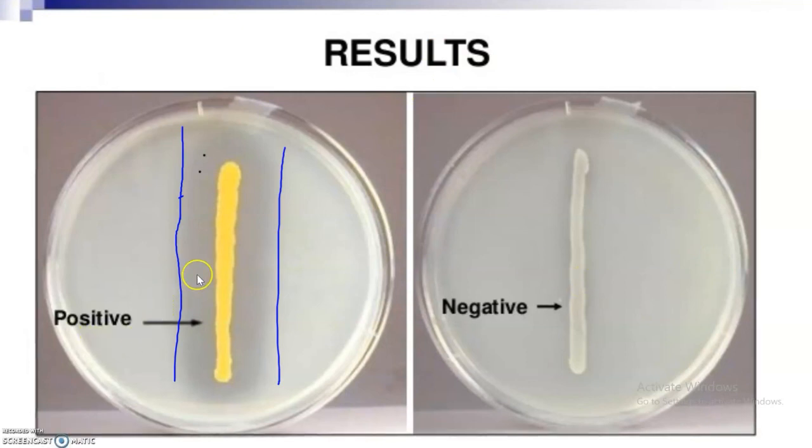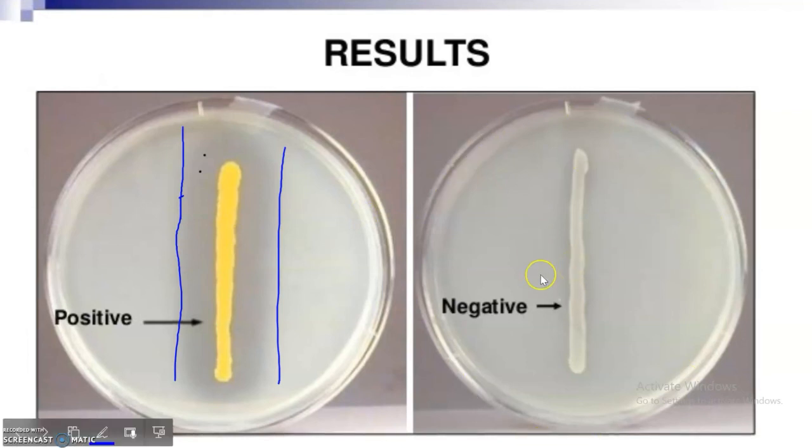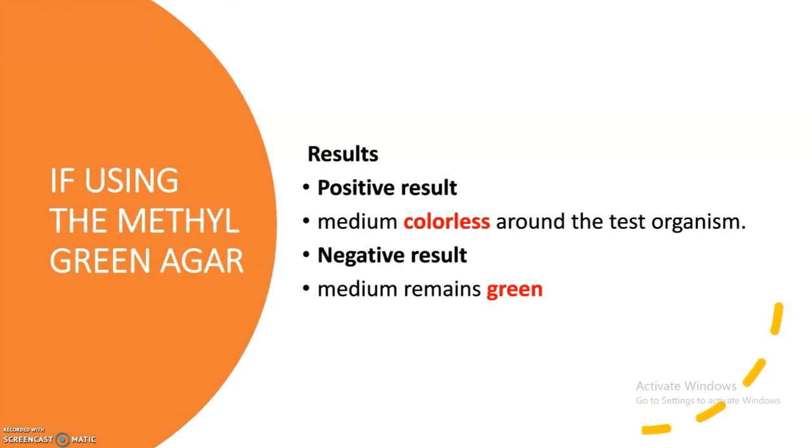So it means that this bacterium has the DNase enzyme and degrades the DNA into phosphate and nucleotide and utilizes it as a source of energy and carbon. And this bacterium doesn't have the DNase enzyme and doesn't hydrolyze the DNA present in this agar. This inoculation is done by band or line streak inoculation.